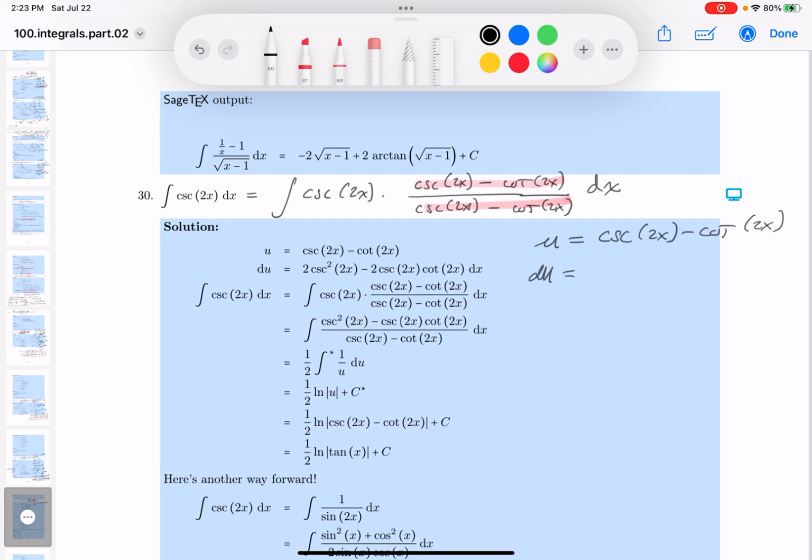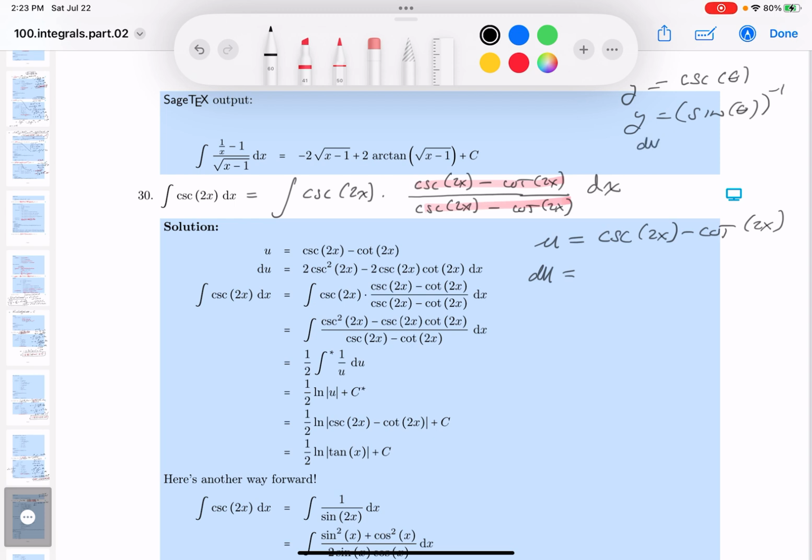Let's see, the derivative of the cosecant. Let's write that down. In general, if you can't remember something, you probably could figure it out. So I'm going to write cosecant of theta is equal to y. And I'm going to write this as y equals sine of theta to the minus 1.